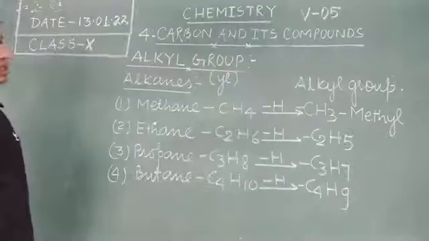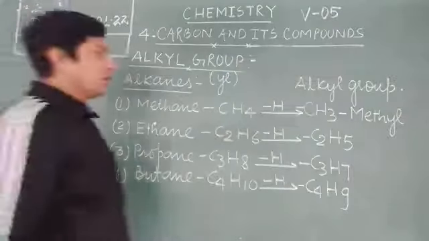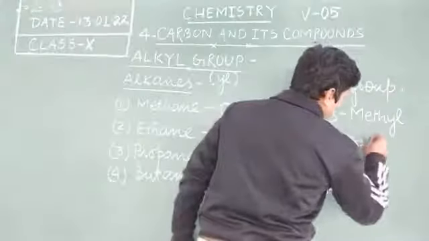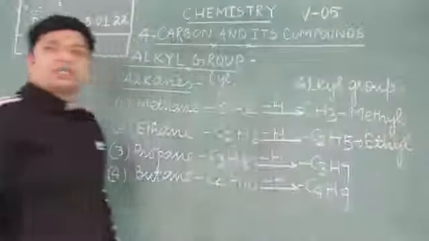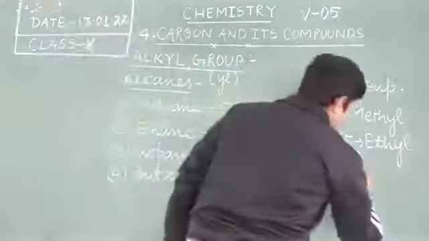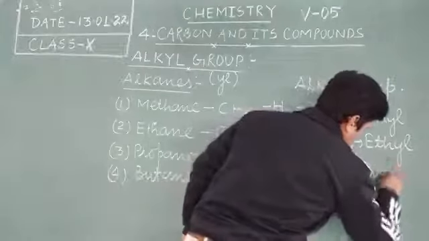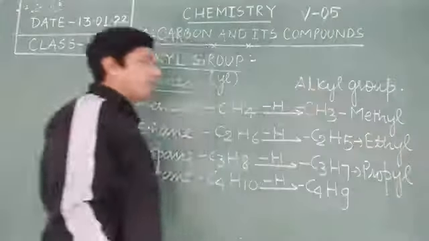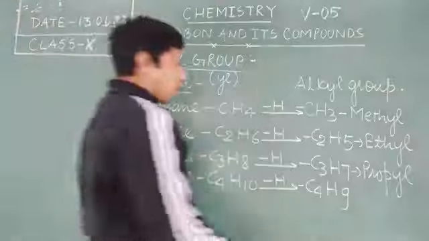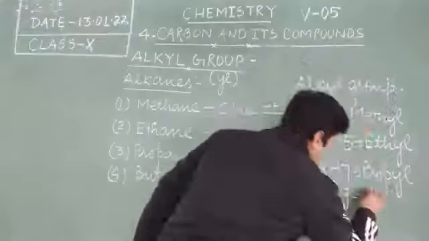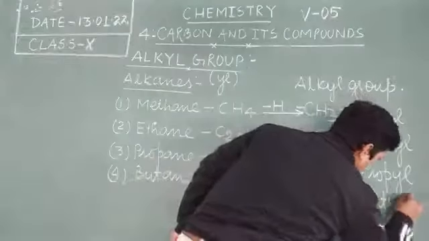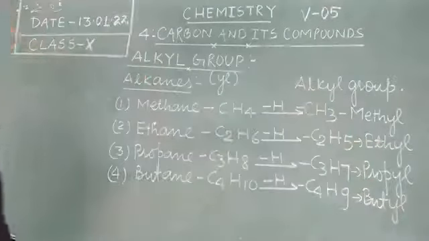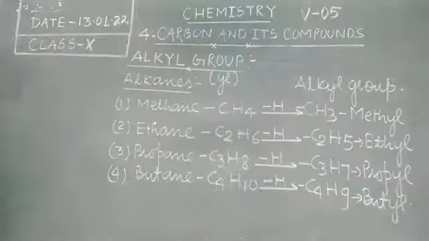So the first member of alkyl group is methyl. Like that, for two carbon atoms we use eth, and by adding the suffix yl it becomes ethyl. For three carbon atoms we use prop, and it becomes propyl. For four carbon atoms we use but, and it becomes butyl. For five it becomes pentyl, for six it becomes hexyl, like that.